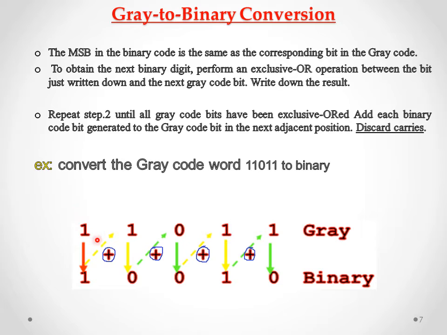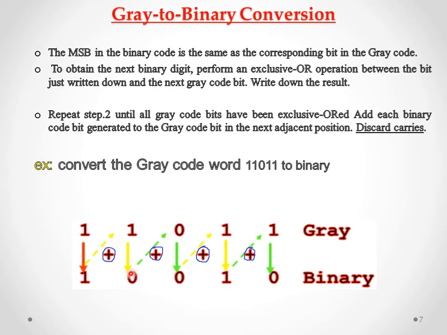First we start from the MSB bit. The MSB bit is the same in gray code as well as binary. So we write 1 in gray and binary also 1. Now we take the exclusive OR of this answer with the second bit. So 1 exclusive OR 1 is 0.